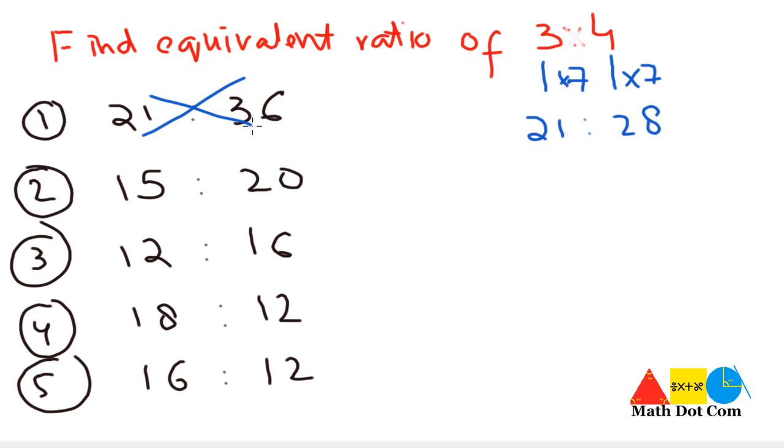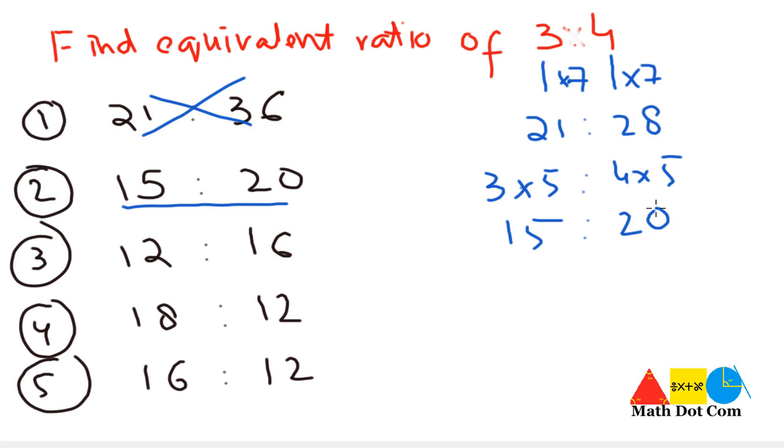Next, we check 15. 3 5s are 15. It means we have to multiply 5 on both sides. 3 into 5 ratio 4 into 5. 5 3s are 15 and 5 4s are 20. Okay, so it means that this is the right equivalent ratio of 3 ratio 4.